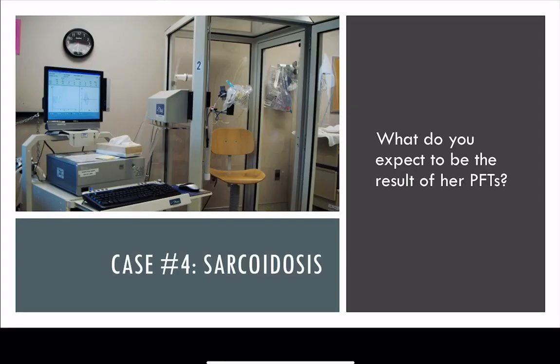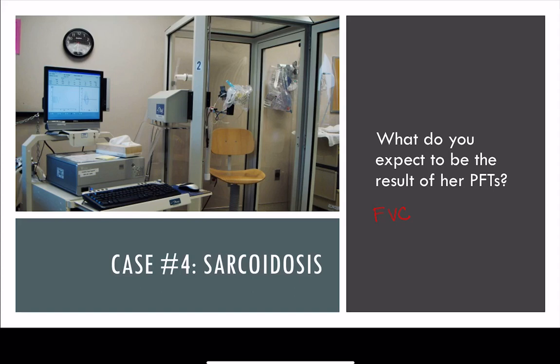So she has pulmonary function tests done. If sarcoidosis lung involvement falls under the category of a restrictive lung disease, what do you expect her pulmonary function test to be? Given that background, what do you expect to have happened to her forced vital capacity?